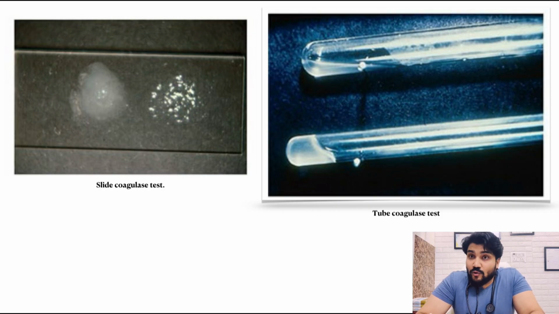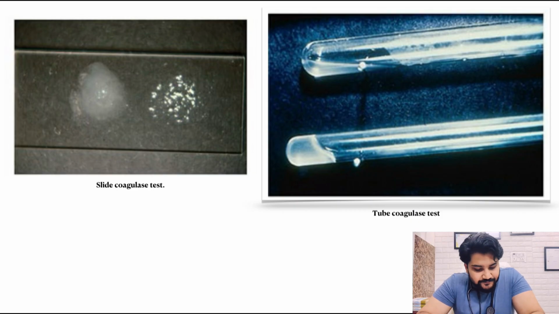So now we know the sample is catalase positive, meaning it belongs to the Staphylococcus family. We have to differentiate Staphylococcus aureus from the coagulase negative Staphylococci, like Staphylococcus saprophyticus, Staphylococcus epidermidis, and all these stuff.